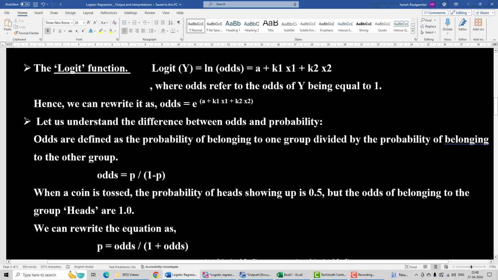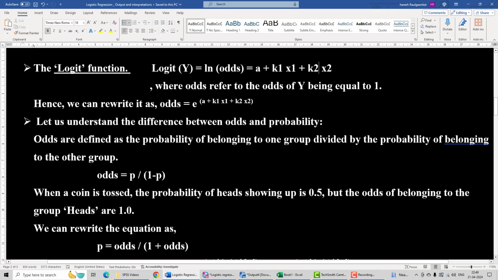So when you have this model, these values a, k1 etc. we get from the table variables in the equation. Okay, and we will make the model in the similar way we have done in linear regression, but here this model is going to give us log of odds.